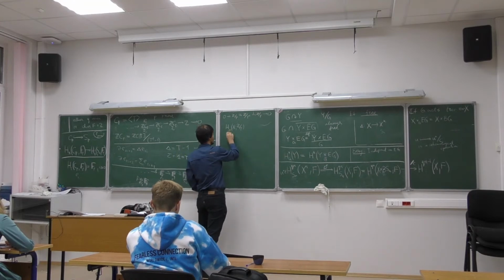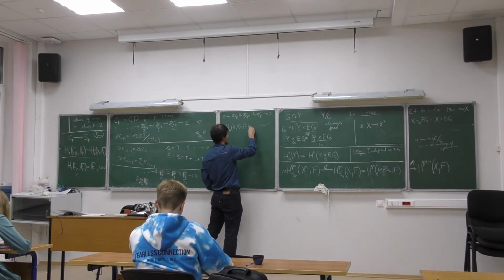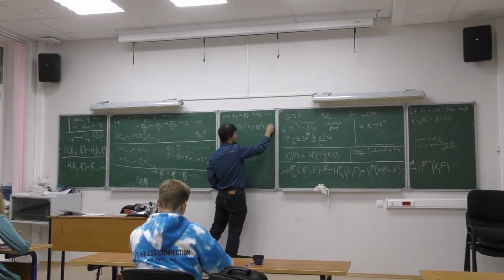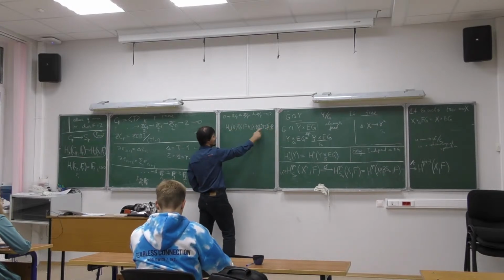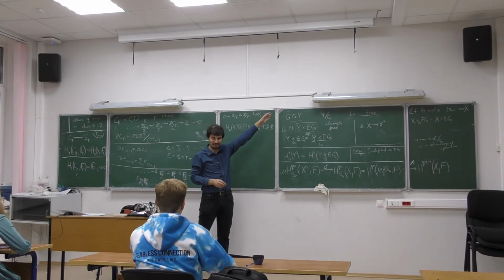Then using i star we get into the homology of X with coefficients Z over p squared. Then by j star we get into the homology of X with coefficients Zp. Actually, this is true for any exact sequence.